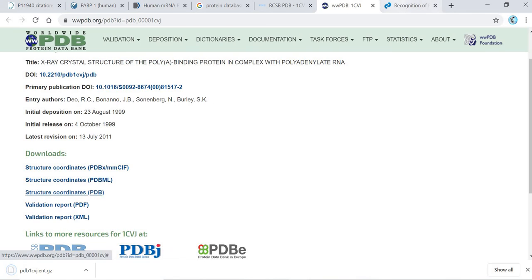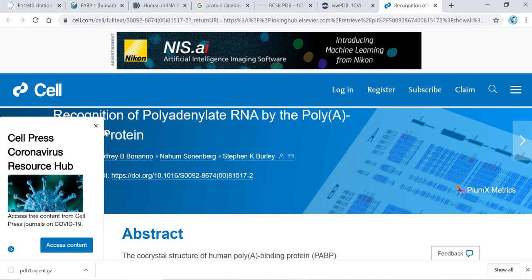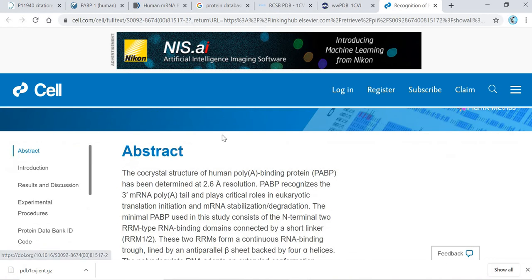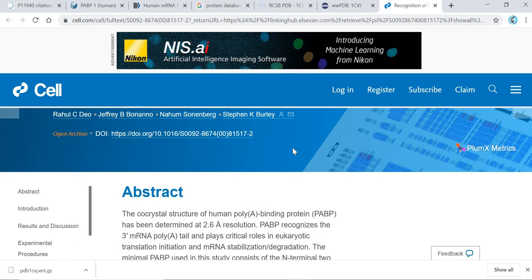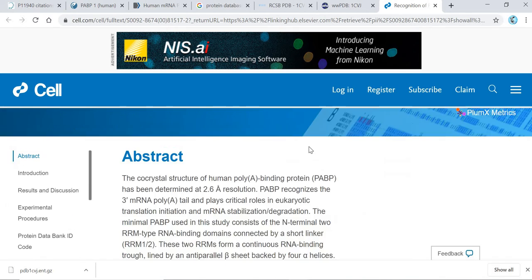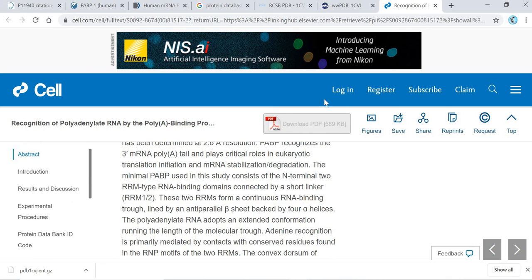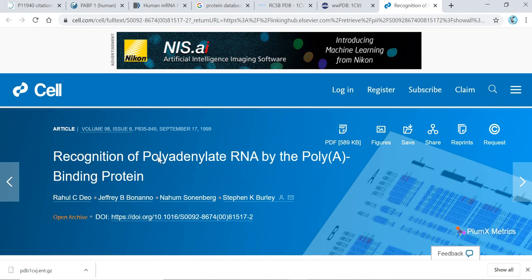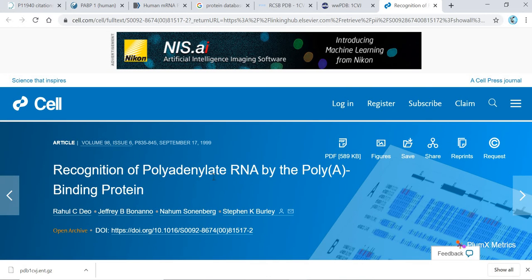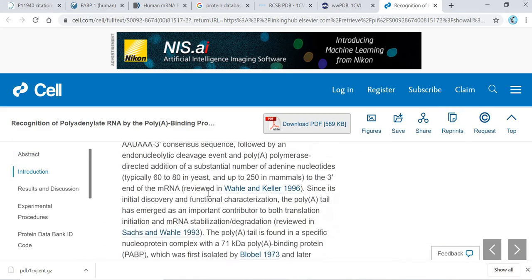Okay, structure coordinates. So here, if you remember, we opened the article, and it's freely accessible, and you can download the PDF, Recognition of polyadenylate RNA by the poly A binding protein.